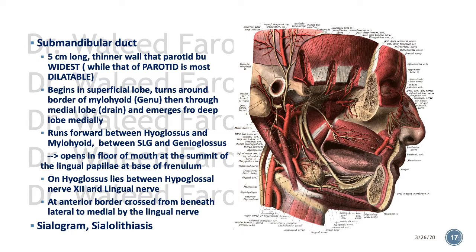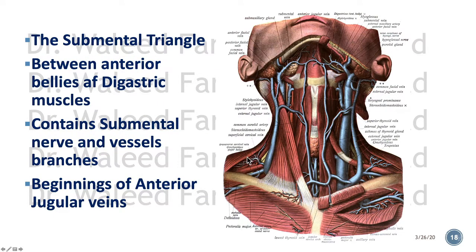And the submandibular gland is, they say, because some books you'll read that because the duct takes this curved turn backwards, it produces stasis in the saliva, which makes it more susceptible to lithiasis, to stone formation. But this is a theory, it's not proven.